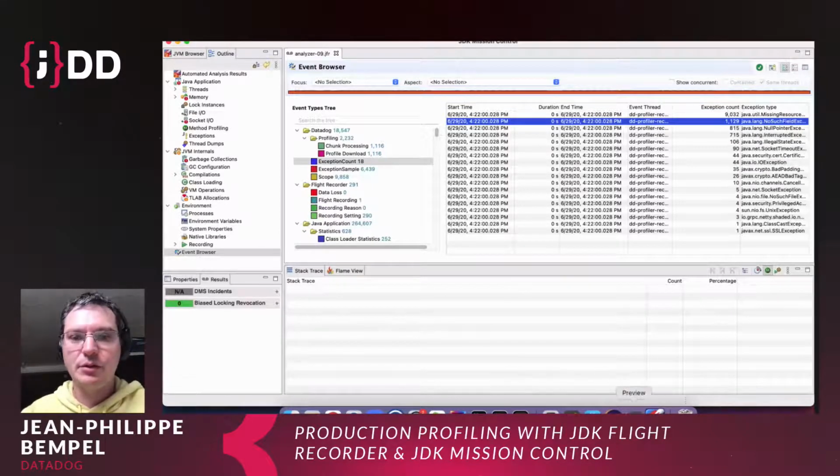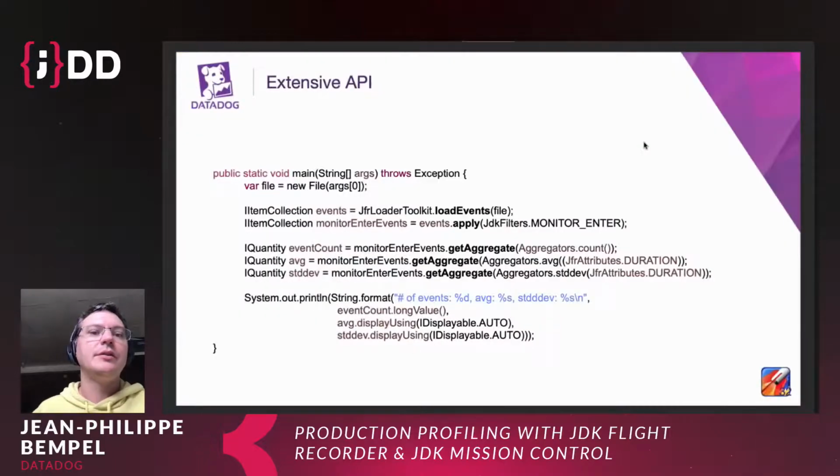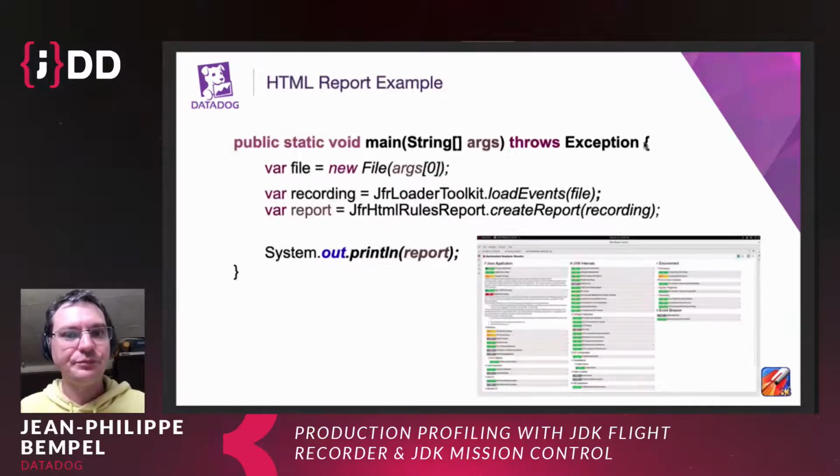Okay, let's go back to our presentation if you want to go further. So here is an example of the usage of the JMC core library for processing and aggregating events. I will do a demo on that tomorrow. So you can process and automate the recording like this.